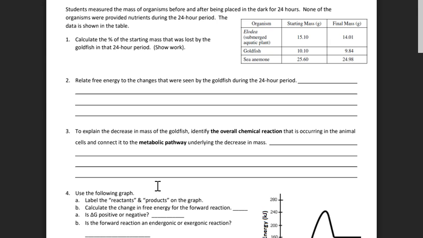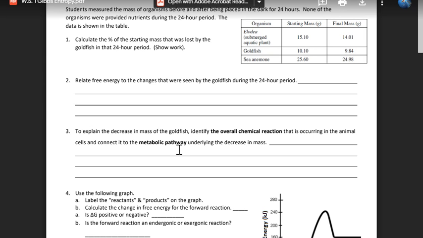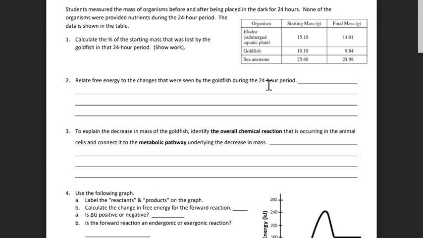So if we look at number 3, this would be like a 3-point question. To explain the decrease in mass, that's one thing I have to say: why the goldfish decreased in mass. And what did we just learn? Why would you, right now, be decreasing in mass?